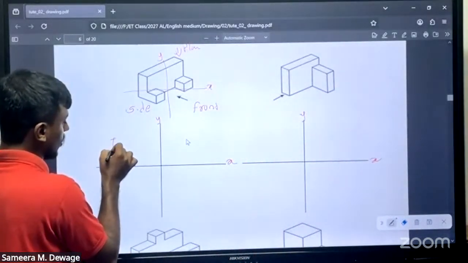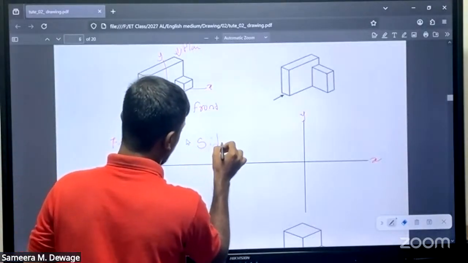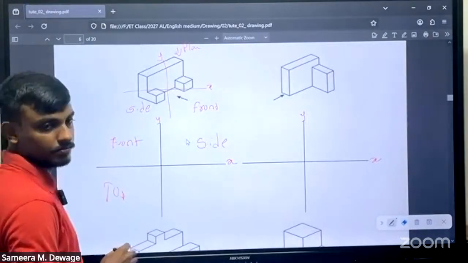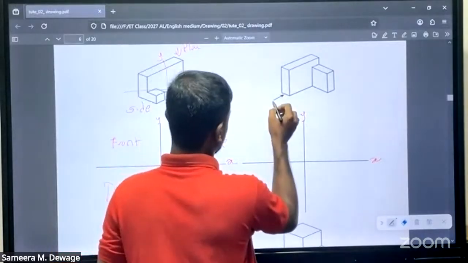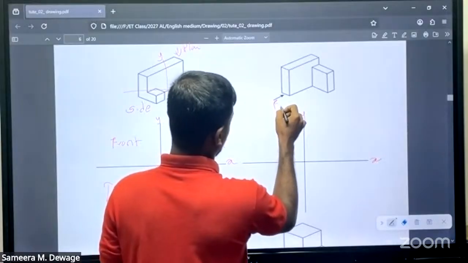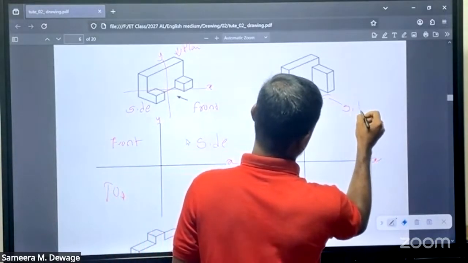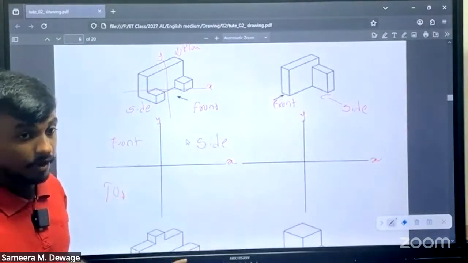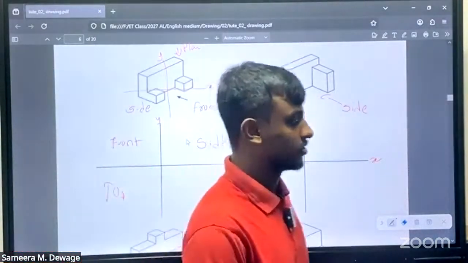This is your front, and this is your side. And the plan or the top view should be here. According to that, you need to draw the projection images.